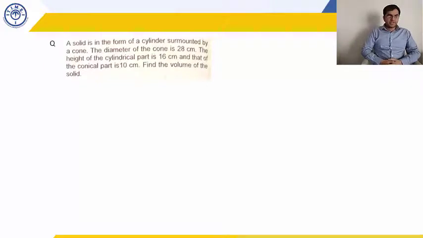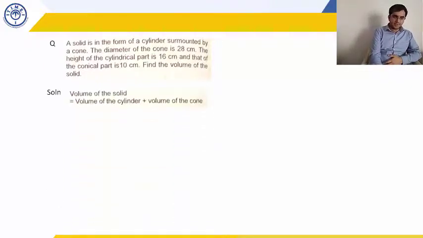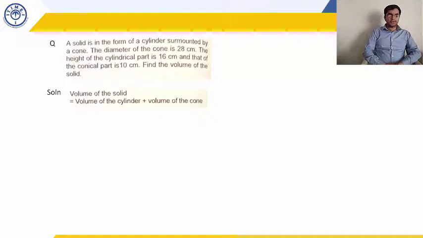Okay, let's solve. Basically, the volume of the solid will be volume of cylinder plus volume of cone. The volume of cylinder is pi r square h, where you are given the height of the cylindrical part as 16, and the diameter of the cone is given as 28. That means the radius of the cone will be 14.